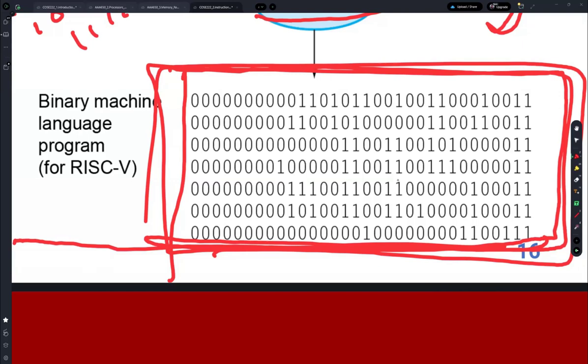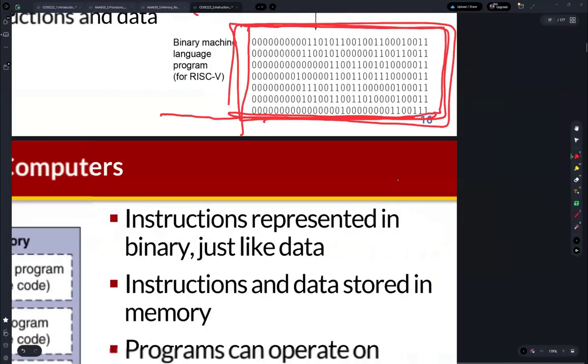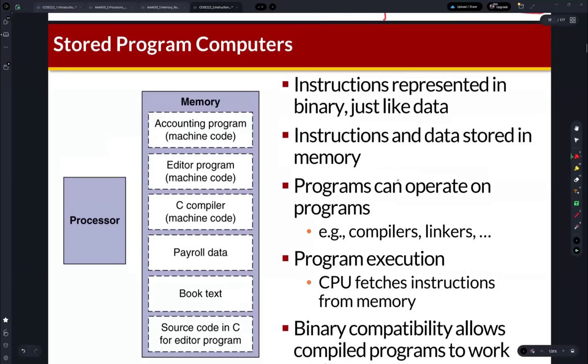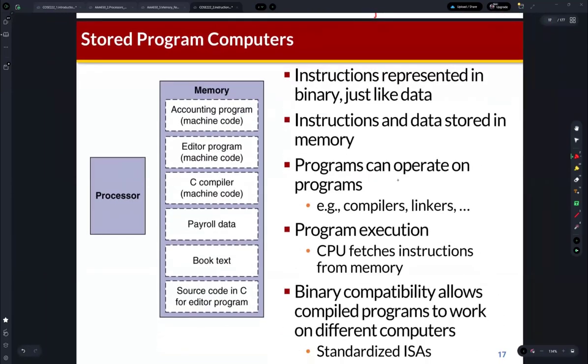Data exists in memory. So what does that mean? Why did I explain this? Instructions are also in memory because instructions are also digital data. So this concept is called stored program computers.